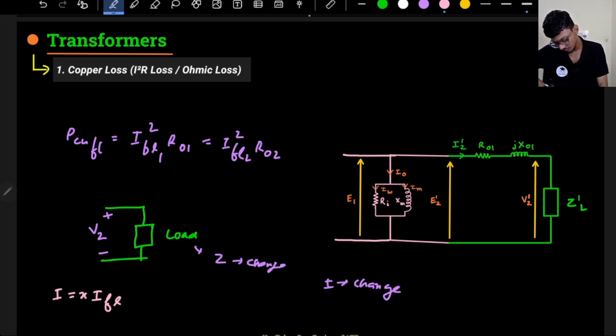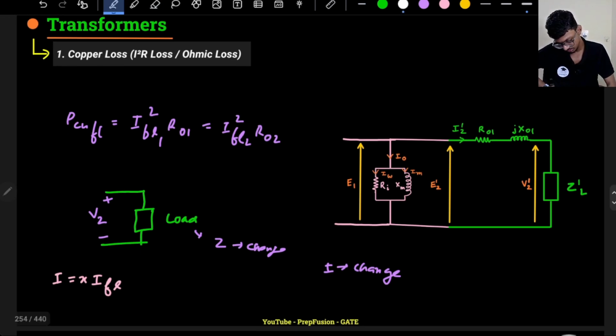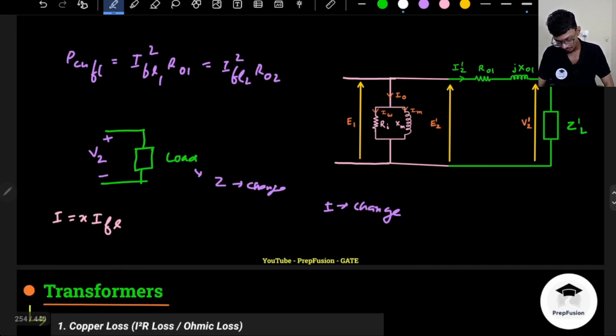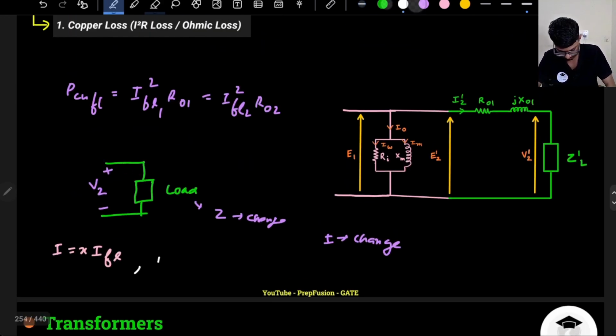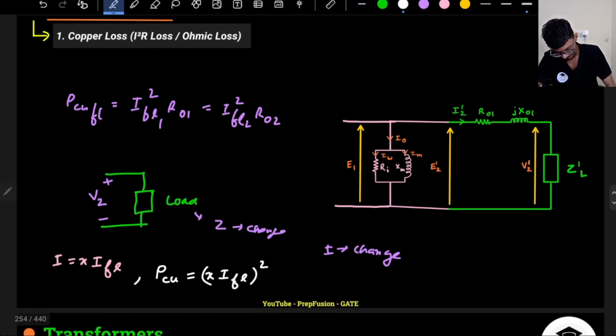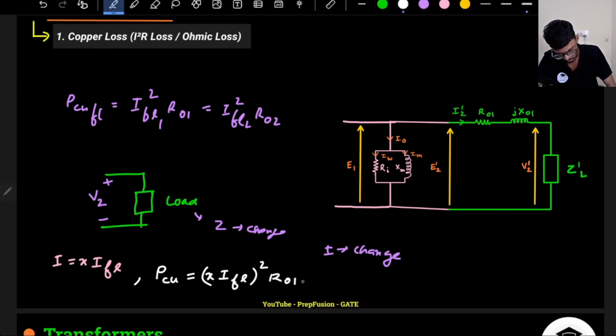So with the full load current, I can write the copper loss at different loads: PCU will be equal to x into IFL, whole square, into R1, or RO2, whichever, depending on which side you are referring to.